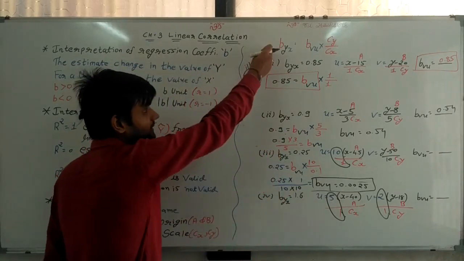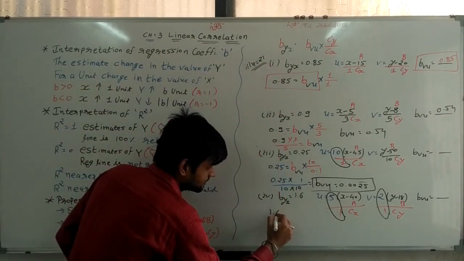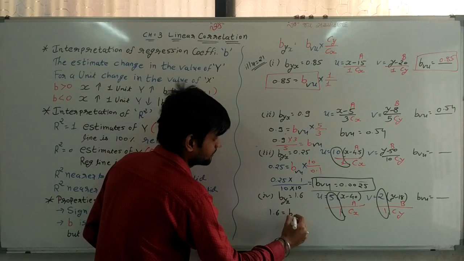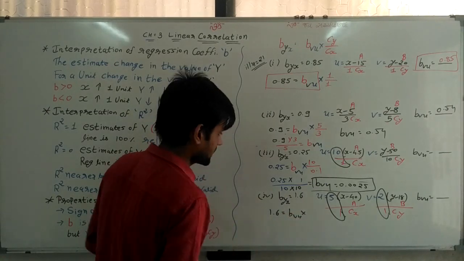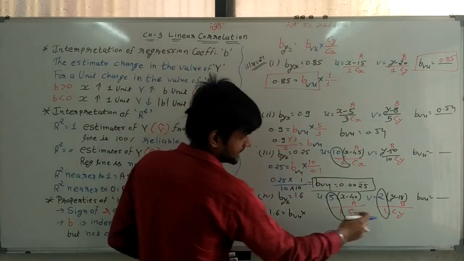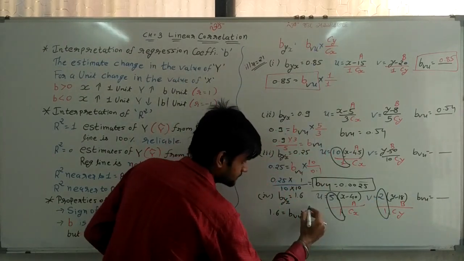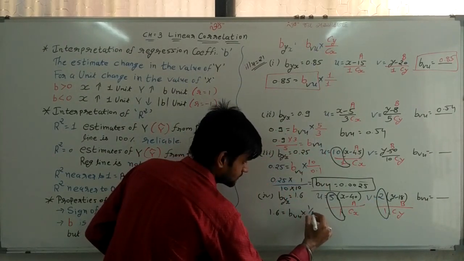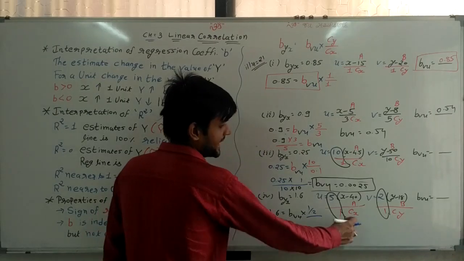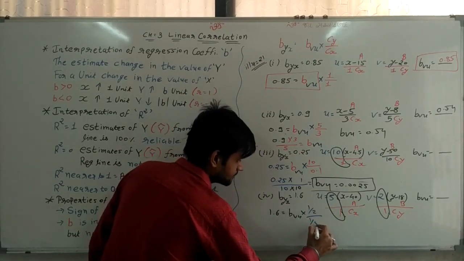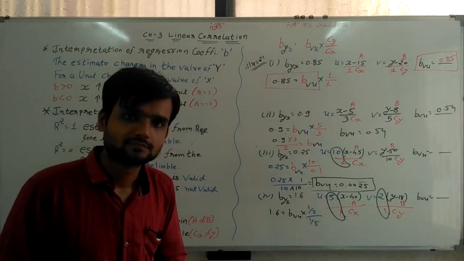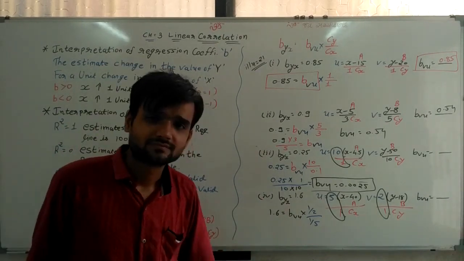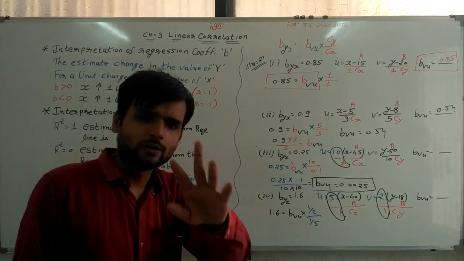Now replace it in the value. 1.6 is equal to BVU into CY. CY is equal to 1 by 2. Sir, CX 1 by 5. Simple. Now solve it. How can I solve it? By two ways.